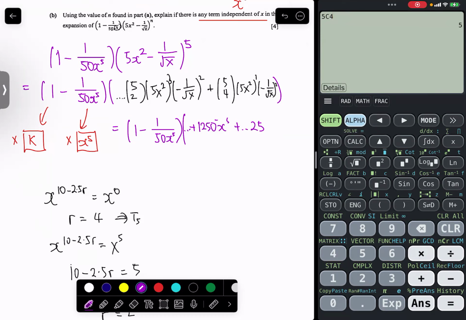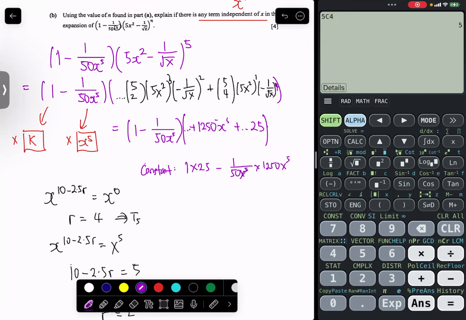So with this power 4. Okay, so x to the power 0. Something like this. So for the coefficient of the constant, it will be 1 times 25 minus 1 over 50 x5 multiplied by 1250 x5.